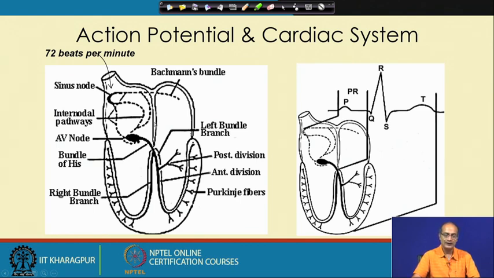So, the pipe which takes the blood from the right ventricle to the lung is also called an artery, the pulmonary artery, though it is carrying carbon dioxide rich blood.